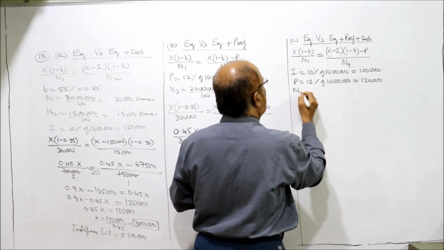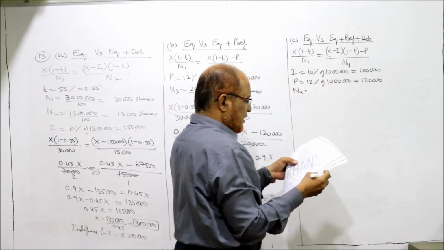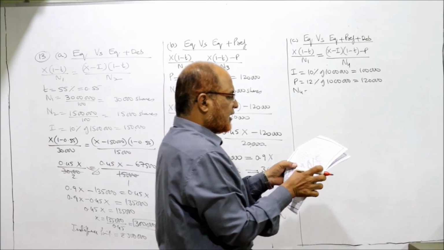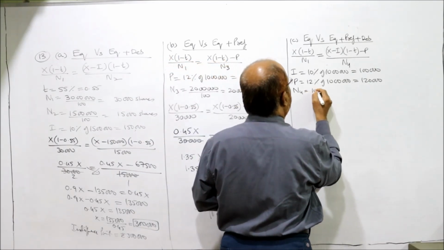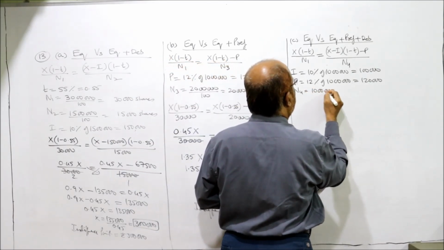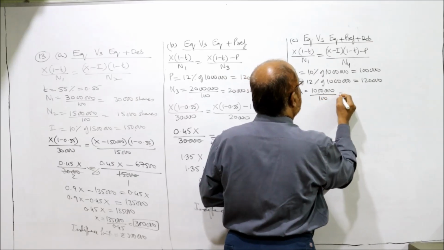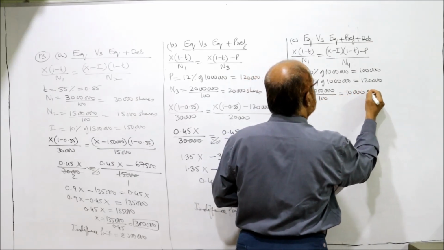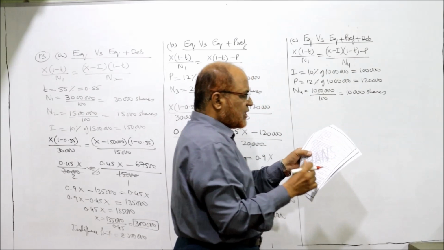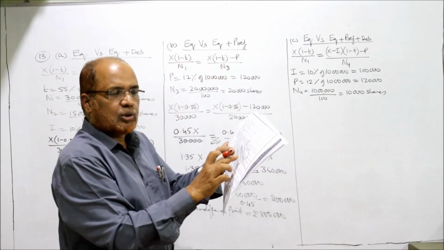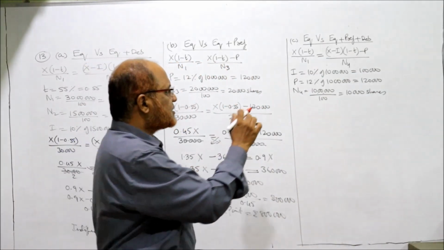Then N4 is equal to the number of equity shares. Equity share capital is 10 lakh, so 10 lakh divided by 100 is equal to 10,000 shares.